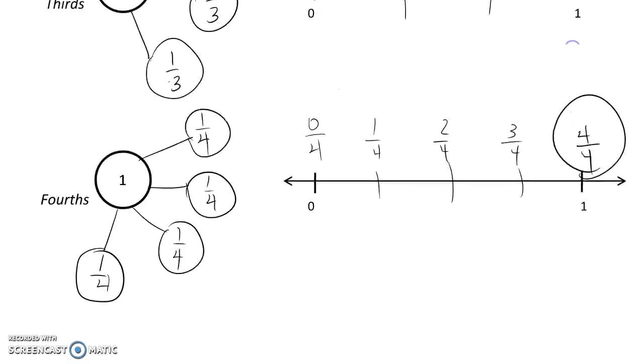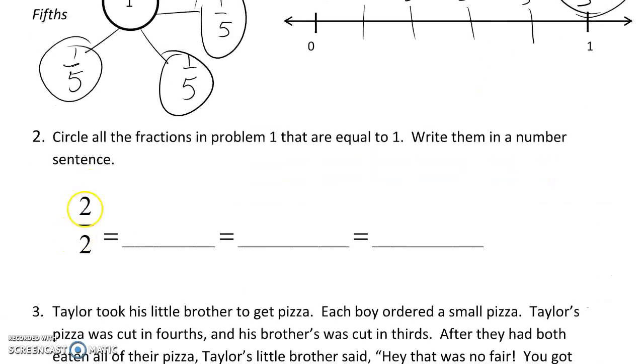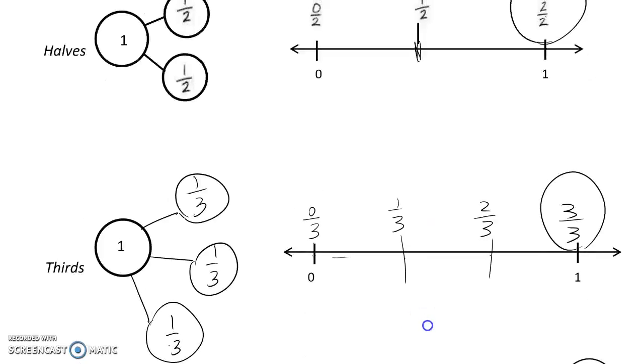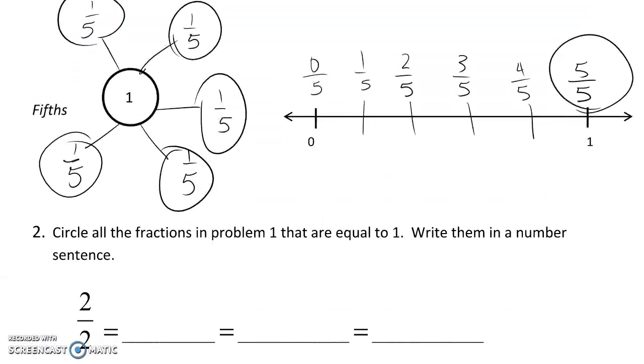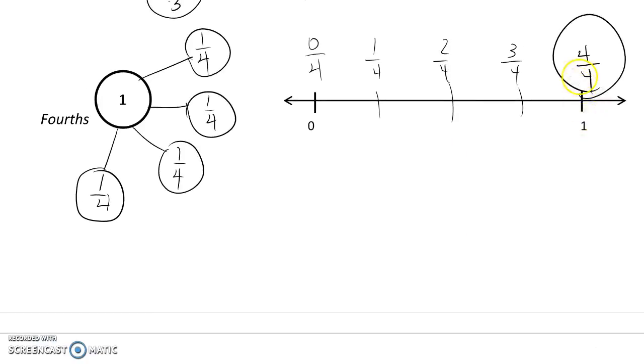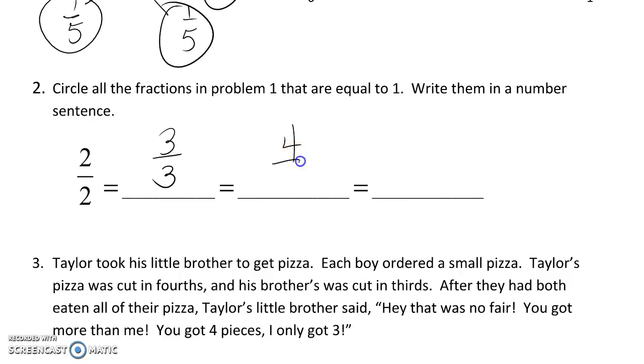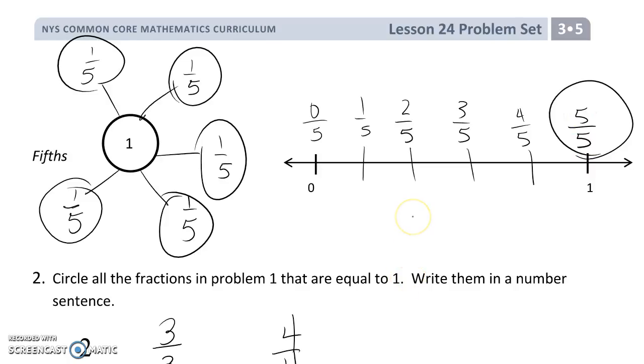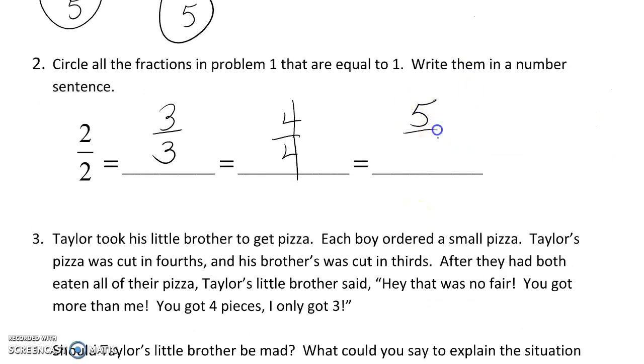So they started that number sentence for us. 2 halves is equal to 3 thirds and 4 fourths and 5 fifths, right? And this confirms what we've already known, that when the numerator and denominator are the same, they all are equal to 1 whole. This is a big, big idea.